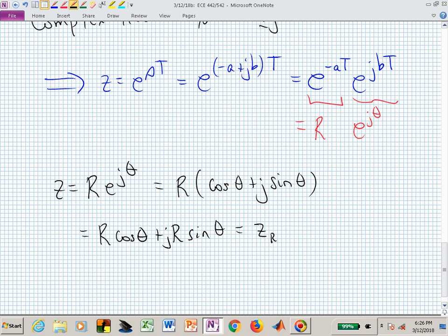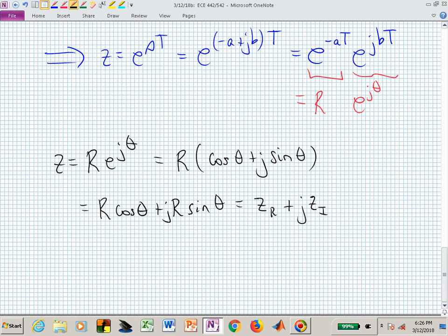And the rectangular form has a real part, r cosine theta, and it has an imaginary part that I'll call z sub I. And now, if somebody gives me a complex pole pair, plus and minus jB, now I can write that as z minus z sub r squared plus z sub I squared, and that's in the denominator if it's poles, and it's in the numerator if it's zeros.